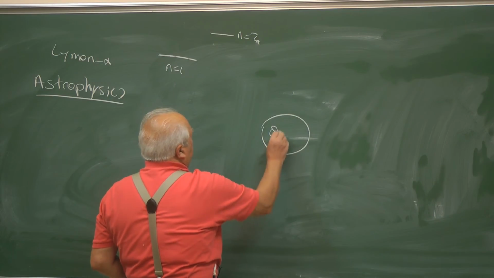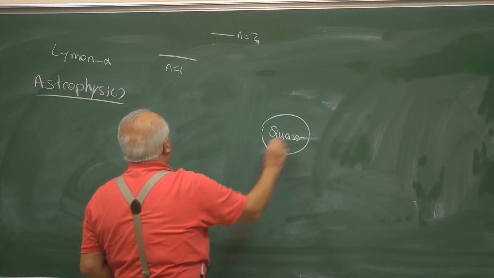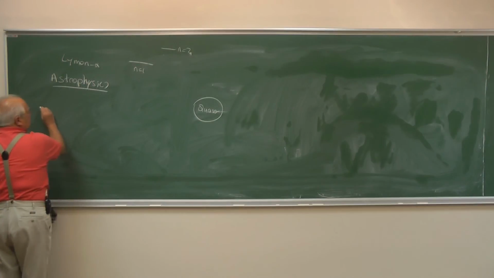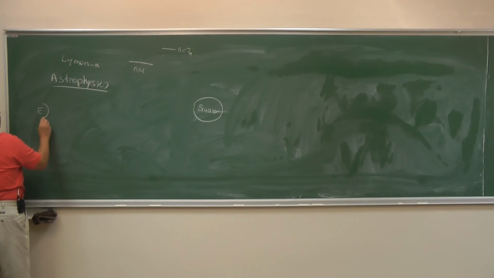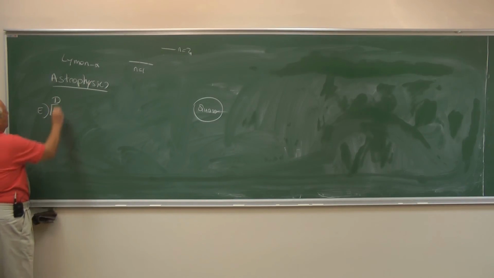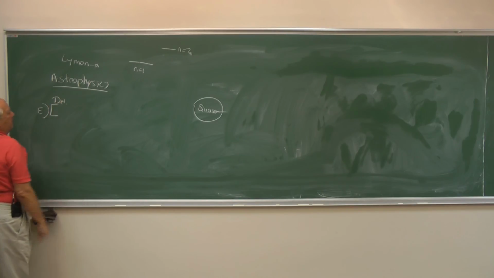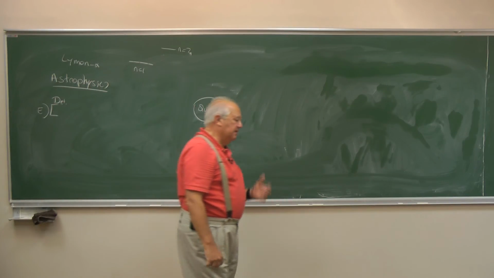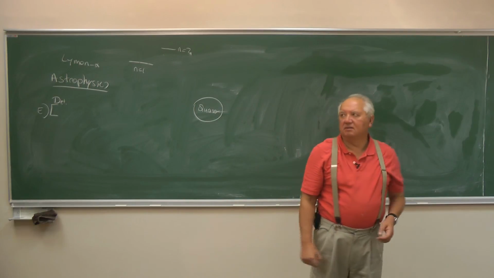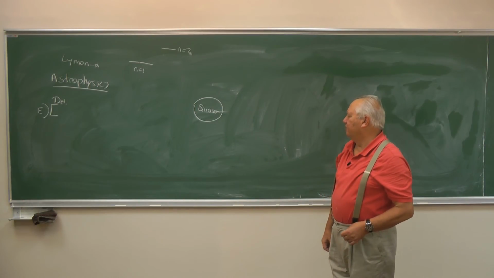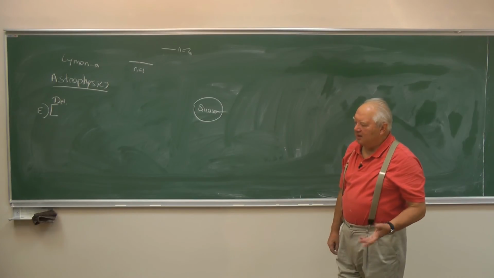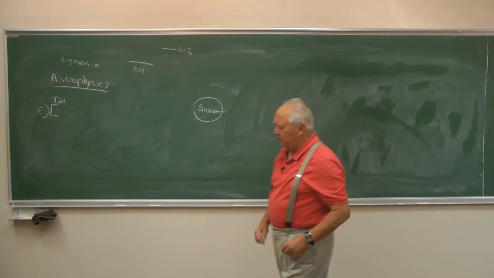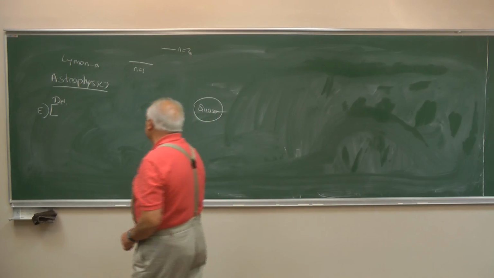Suppose here there is a quasar, and here is Earth, and here are our detectors, and we are detecting the radiation coming from the quasar. Quasars are very distant and very powerful energy sources, and they radiate basically in a broad range of frequencies.